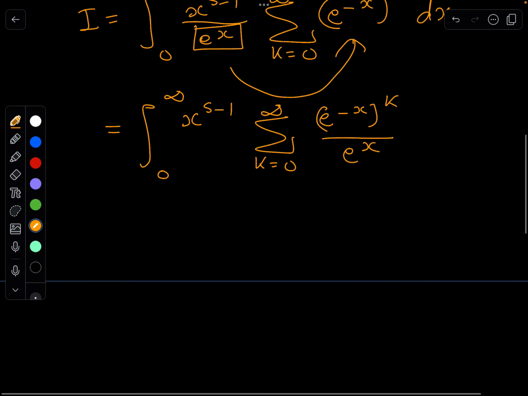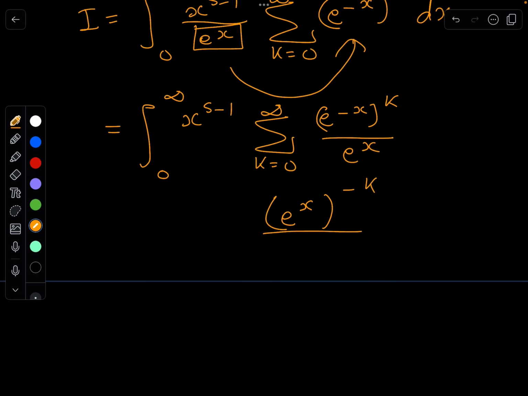That is equal to e to the x to the minus k over e to the x, which is simply e to the x to the minus k minus 1.